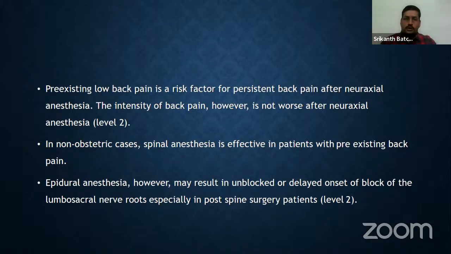So if we want to choose between spinal and epidural, if spinal is sufficient, they are recommending to carry out spinal anesthesia compared to epidural anesthesia. Epidural anesthesia, however, may result, and this is the reason for that, in unblocked or delayed onset of block of lumbosacral nerve roots, especially in post-spine surgery patients, which is a level 2 evidence.